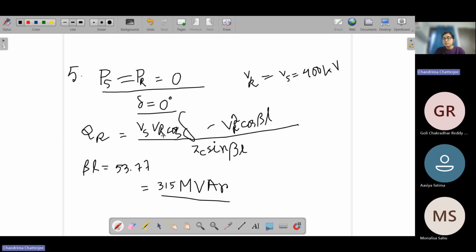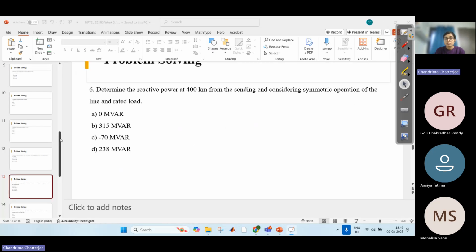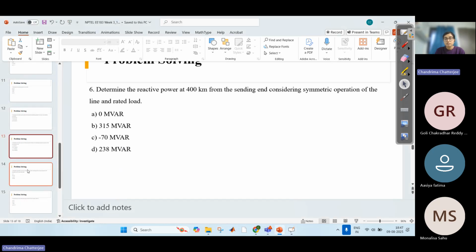Most of the time, if they give a symmetrical line, then VS is equal to VR, so this will be V square here and here, and here it is cos delta minus cos beta L by ZC sin beta L. If you know the expression correctly, you can solve it. There is no complication.